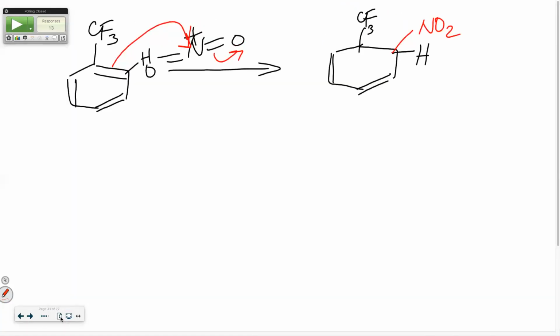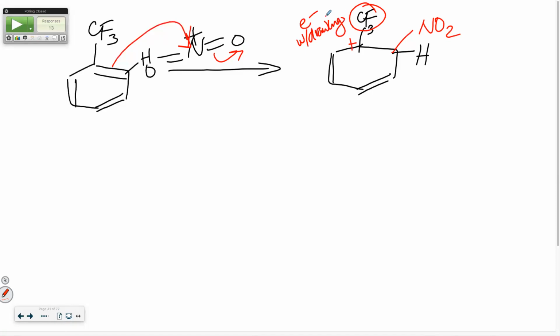So what else am I missing on that? A plus. Here's my plus. It's positive. It's a benzenonium ion. That's ortho. Notice where the plus is. It's next to a group that is electron withdrawing, not electron donating.